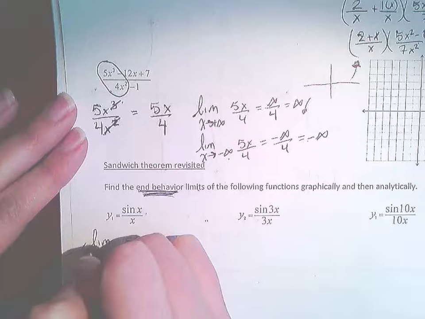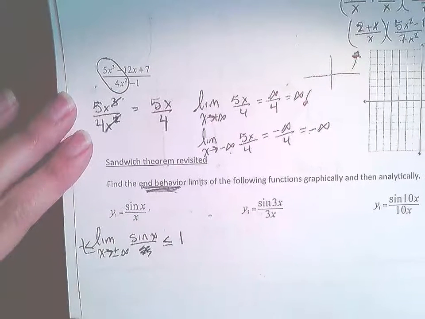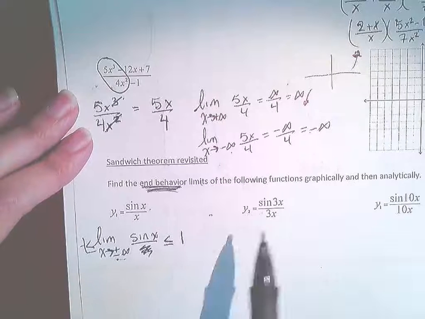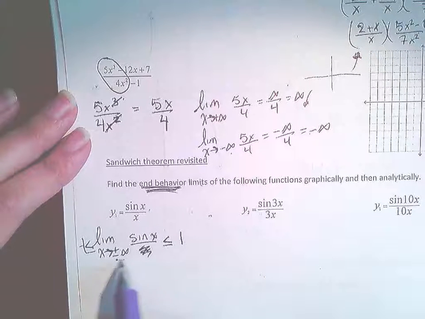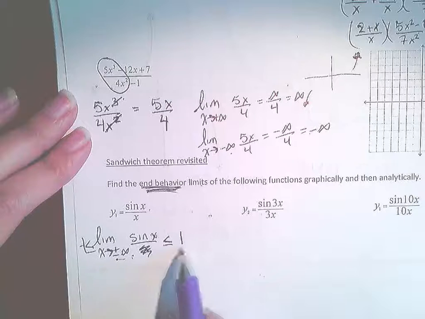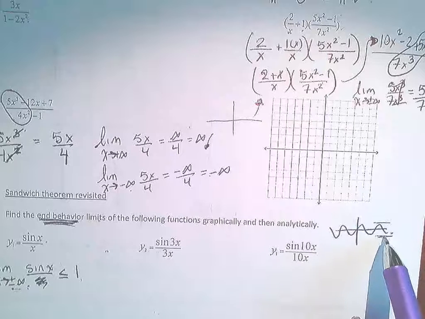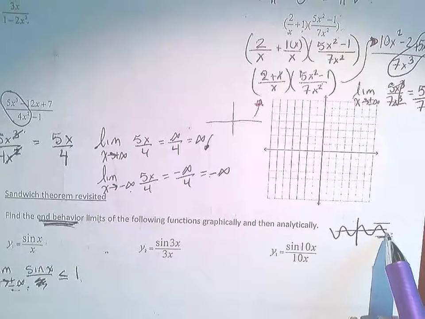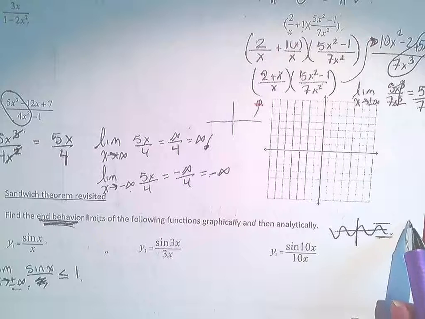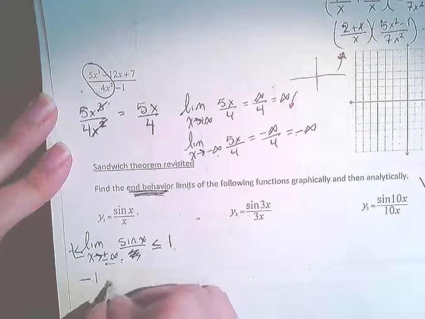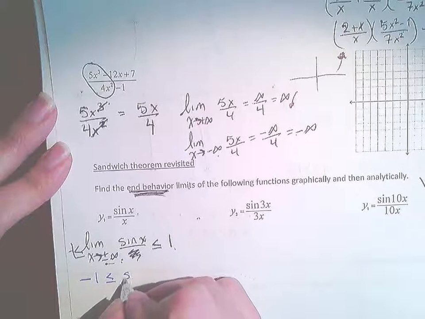Okay, so that's the sandwich theorem. This works because we are asking about the infinite position. And we can't determine that without understanding that sine, as it approaches infinity, never approaches one specific number. It approaches -1, but then it goes back up to 1, and then it approaches -1, and goes back up to 1. So knowing that, we can use the sandwich theorem.